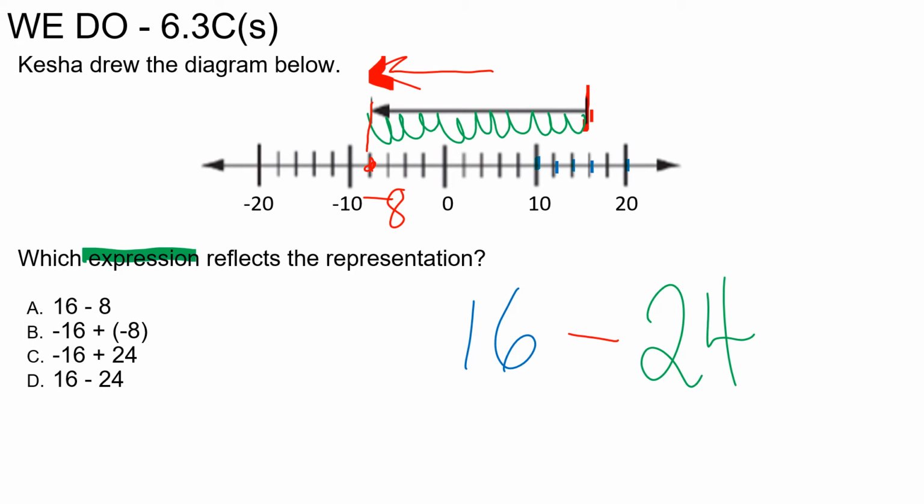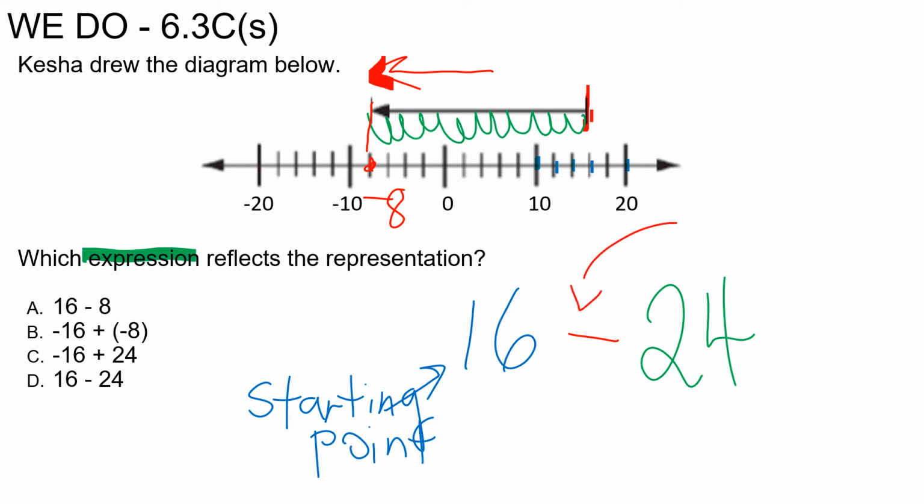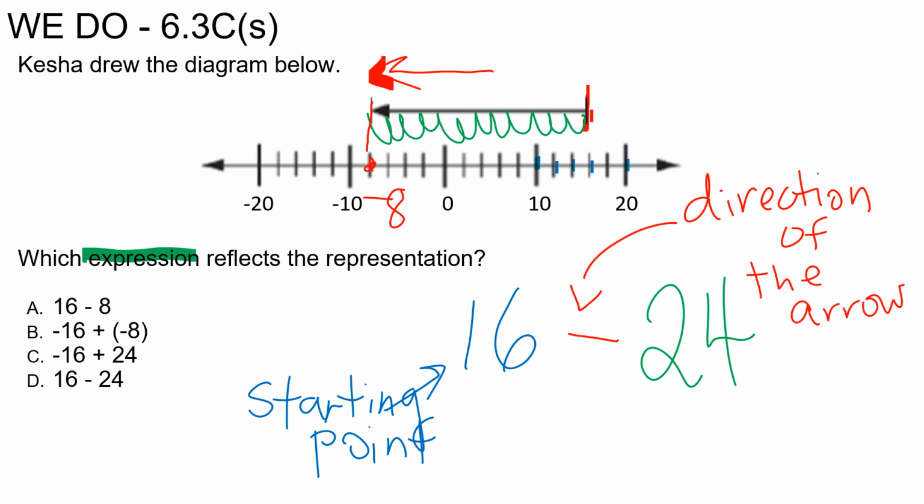So let's write this down real quick. The first number represents the starting point. Write this down in your notebook. And this operation is based on the direction of the arrow. So if it goes to the right, we know we will be adding.